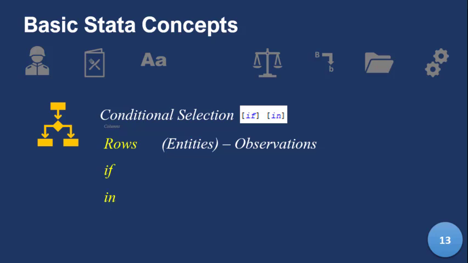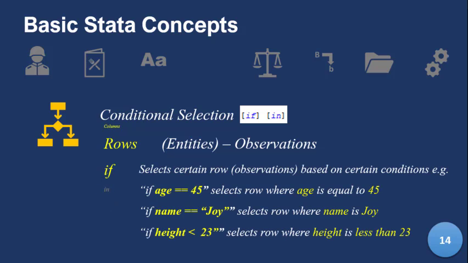We also have rows and entities. So sometimes you're not worried about the variables or the columns, you're worried about the rows. I don't want every row. So there's the if statement and the in statement. The if statement will select the rows based on certain conditions, and usually that condition is tied to the value of one of those variables. So I could say I want to see all those people who are age 45.